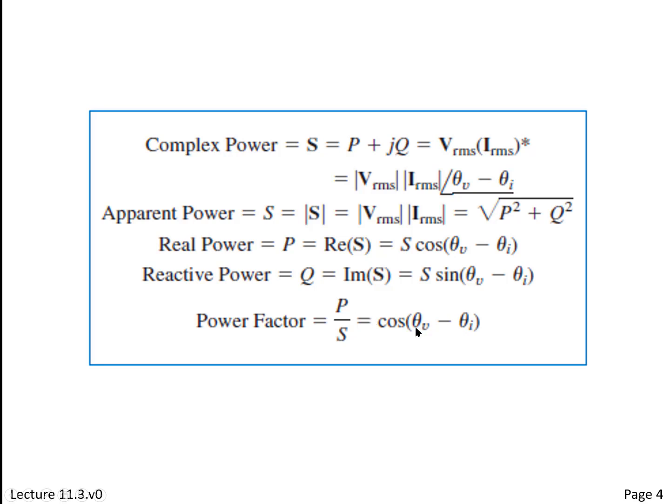Again, neither one of these angles has to be 0. But because they're periodic signals, at some point you could register one as 0. Okay, so that's complex power. And then let's look at power factor, and we'll close the chapter with this.